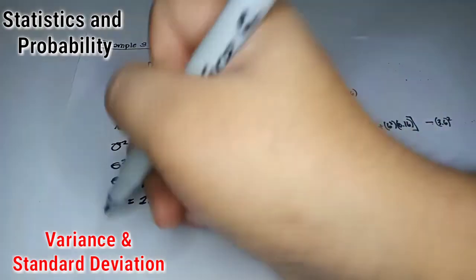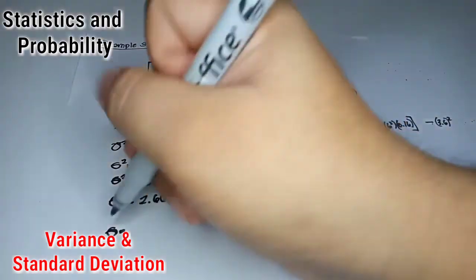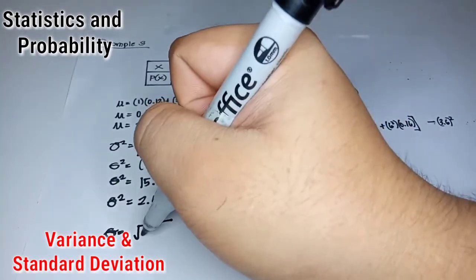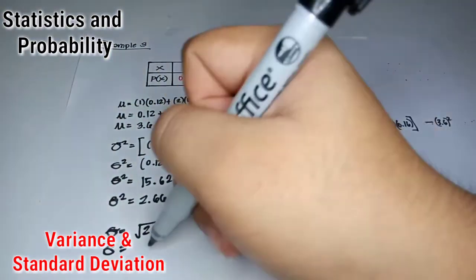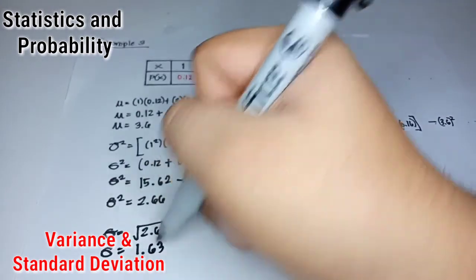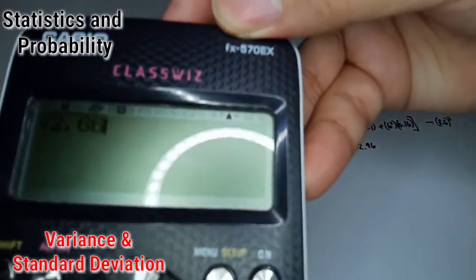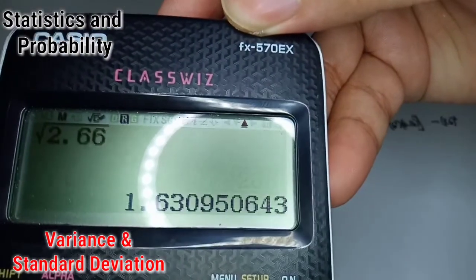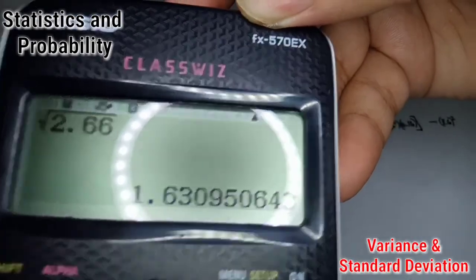Moving forward, to get the standard deviation, we just take the square root of 2.66 and our answer would be approximately 1.63. Let's check if that's correct. Square root of 2.66, the answer is approximately 1.63.